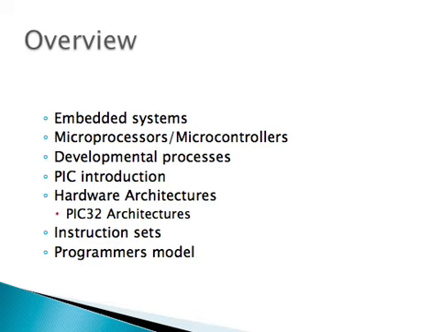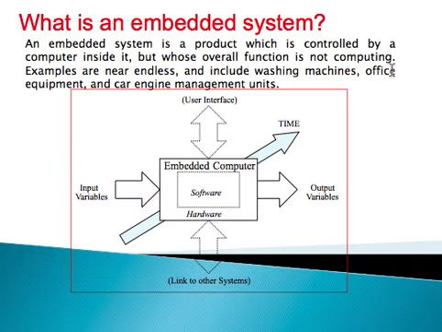So we want to know, what is an embedded system? An embedded system basically is a product which is controlled by a computer inside of it, but it's not a computer the way you visualize it, like a desktop or a laptop. However, it's got a microprocessor or a microcontroller which then controls the functionality of the product.